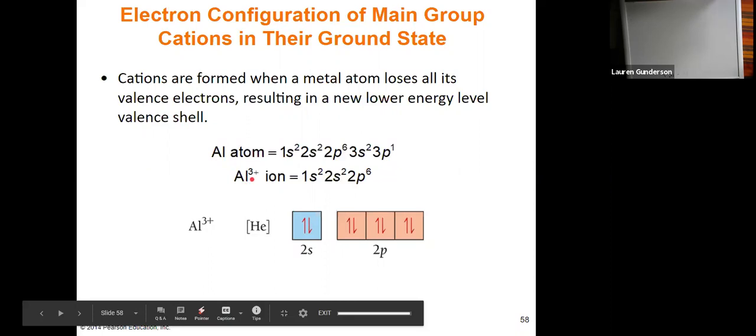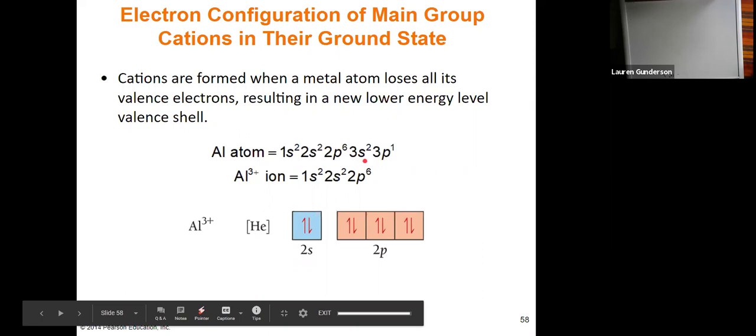That means we're going to have to remove 3 electrons from the aluminum neutral electron configuration. So you're going to remove electrons from the highest energy levels first, okay? The highest energy levels, and this becomes important for transition metals, the highest n values.